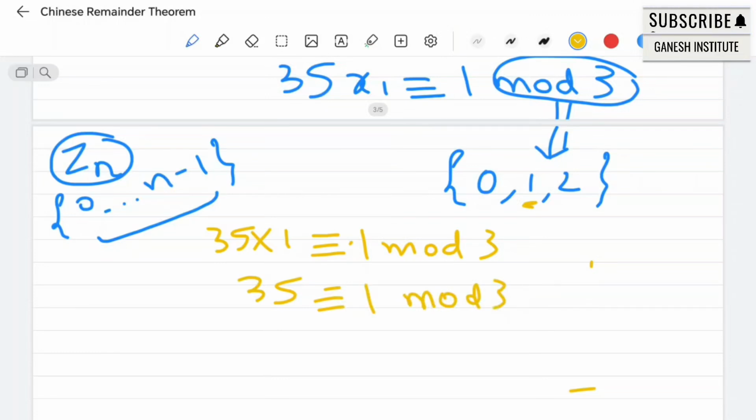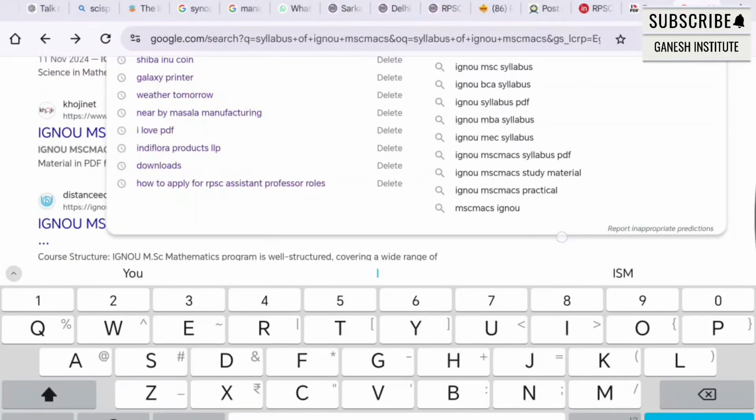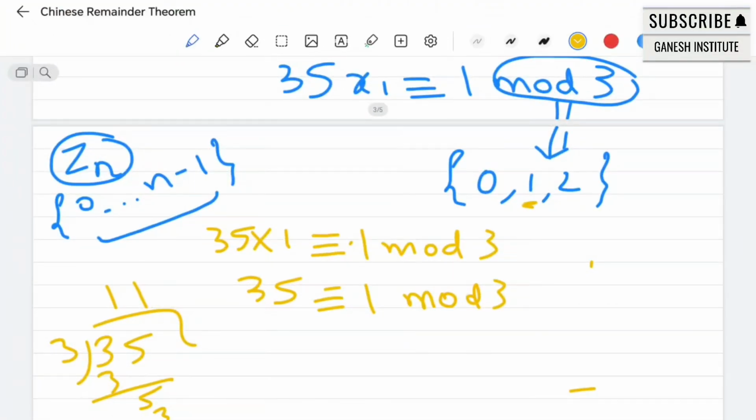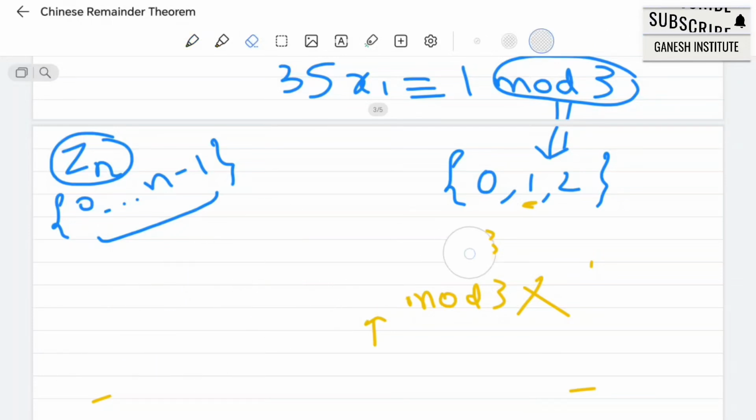So divide it. 3 elevens are 33, remainder 2. So the remainder has to be 2, but we are getting 1. So this is also not right.